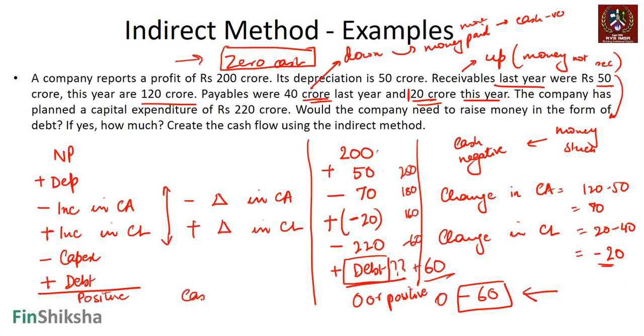If the company had a beginning cash, then you can use that as well, in which case they may not need the debt. Here we are assuming that there is no beginning cash, and hence consequently the company will have to raise some debt, right? That's basically how we go about solving this kind of question.